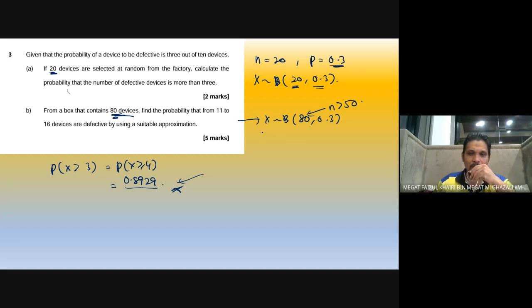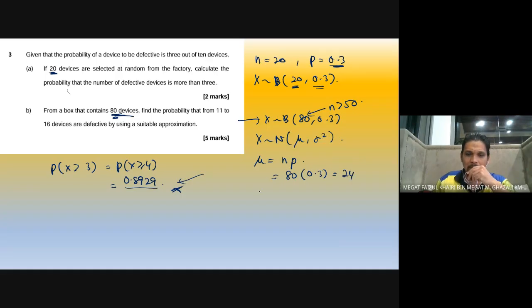So we are going to use the approximation to the normal distribution with the mean and also the variance. To find the mean, we use n times p, where n is 80 and p is 0.3, equal to 24.